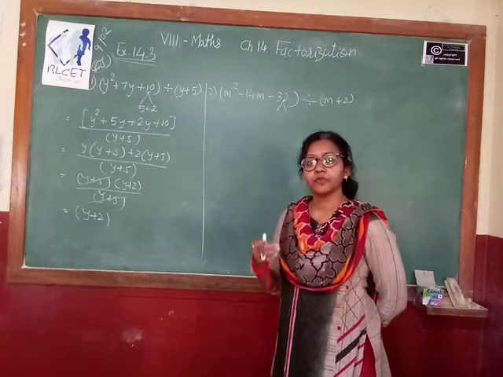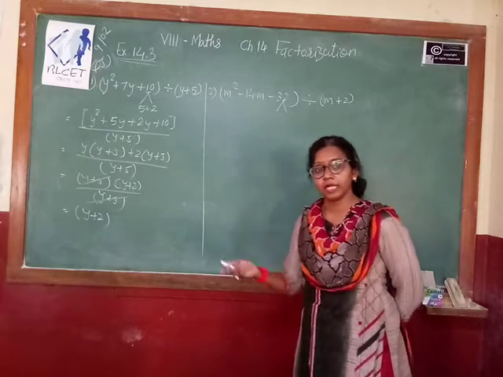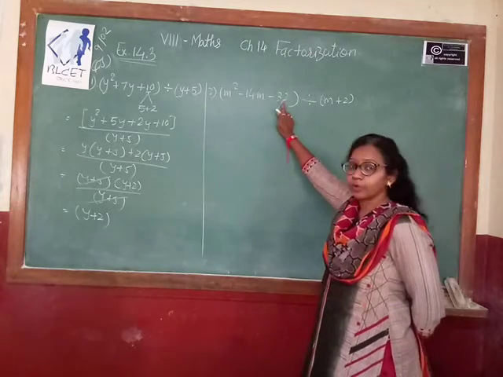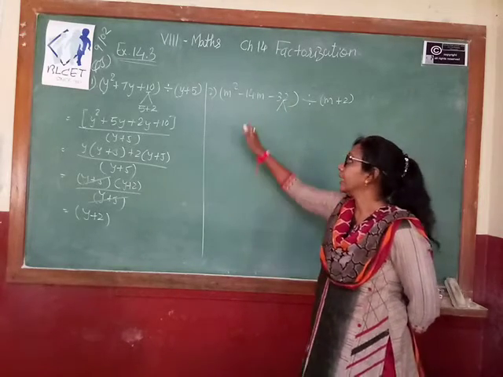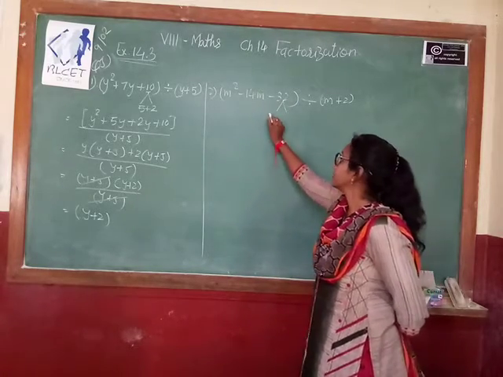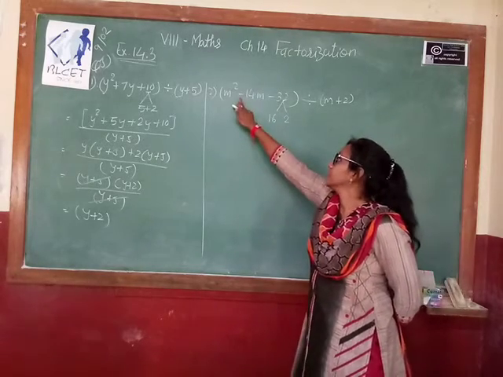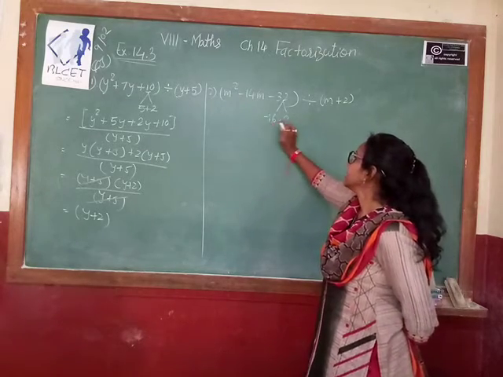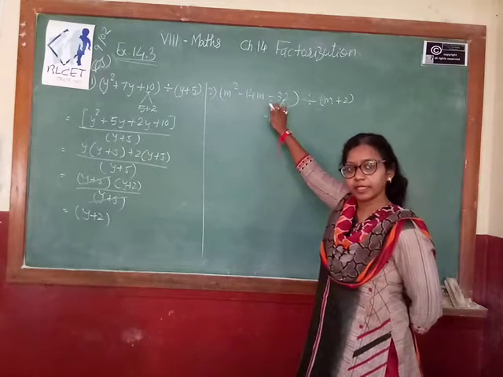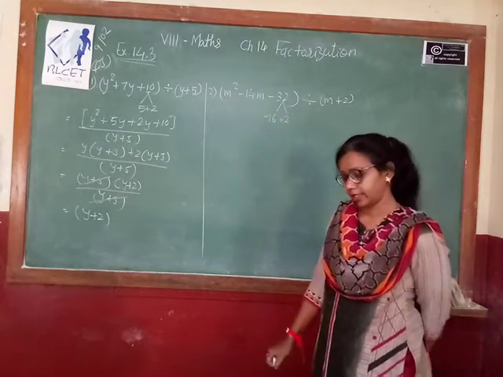So we have to find the factors of 32 in such a way that when we do the multiplication we get the product minus 32, and when we do the addition we get minus 14. So what is the answer? 16 twos are 32. 14 is negative, so 16 is negative. So minus 16 into 2 will give you minus 32. Minus 16 plus 2 will give you minus 14.